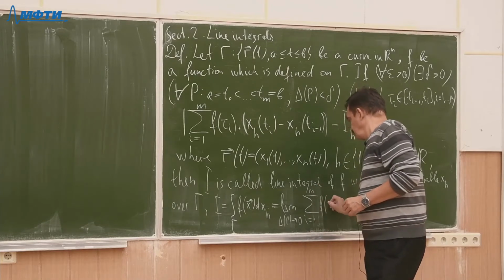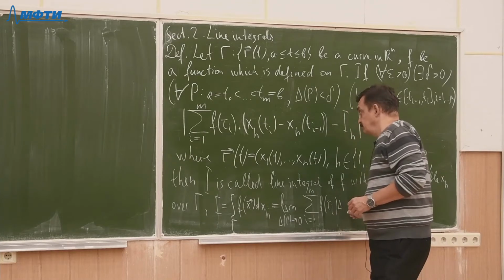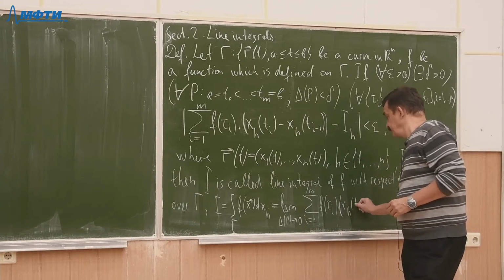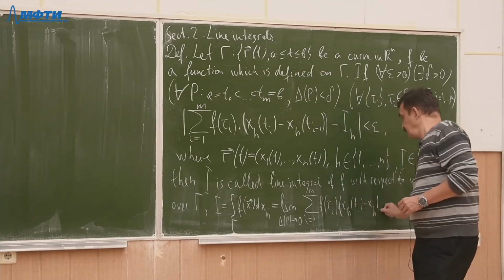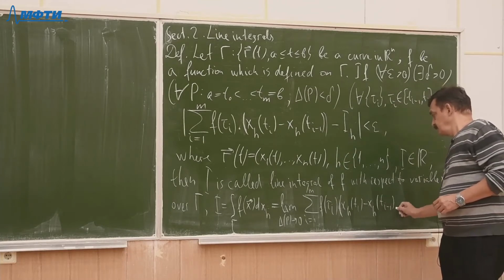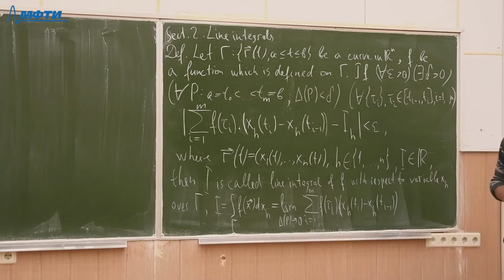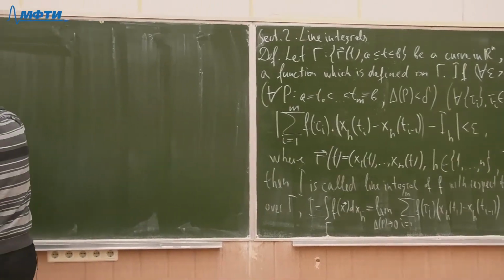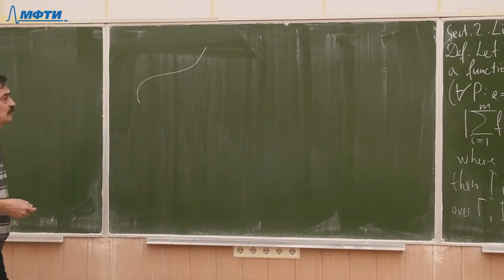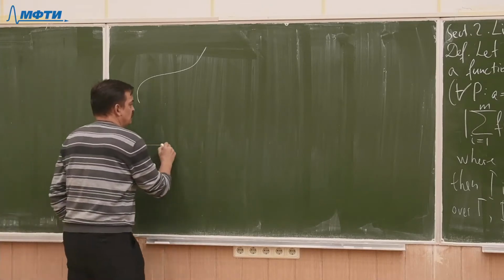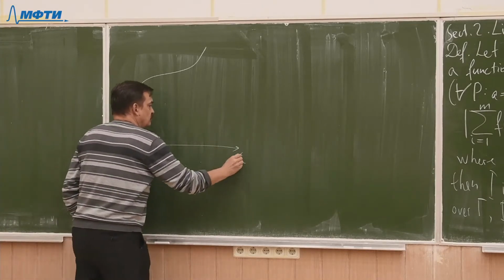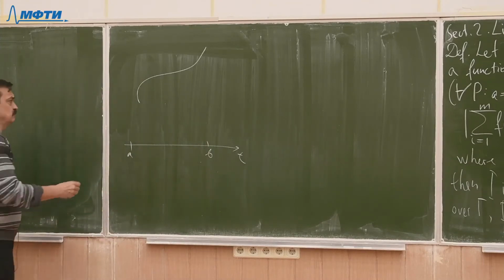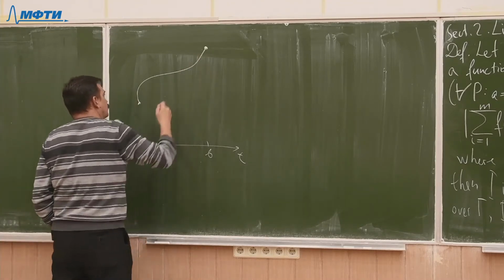So what are integral sums now? If we look at a curve, there is a curve. Once again, everything is as it was before. That is variable t. But now, what happens?